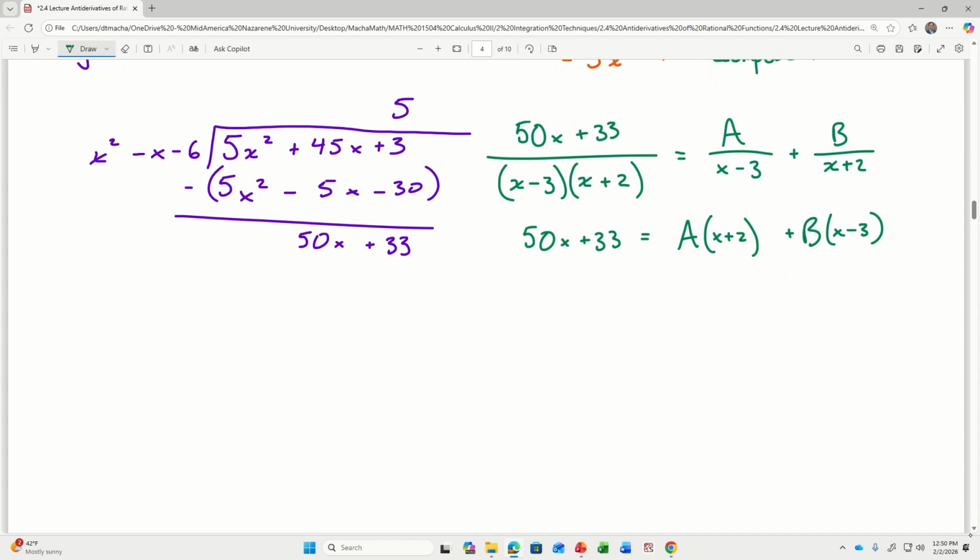Now I think the Heaviside method is the fastest way to do this. We say if x equals what? What's a convenient value for x? 3.